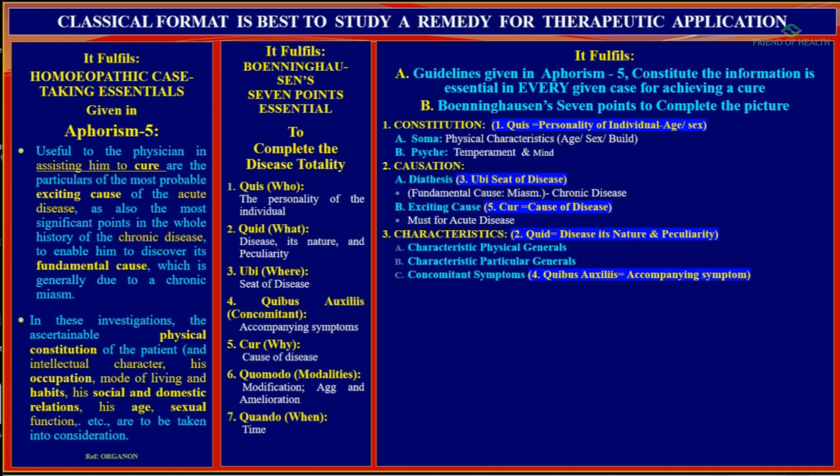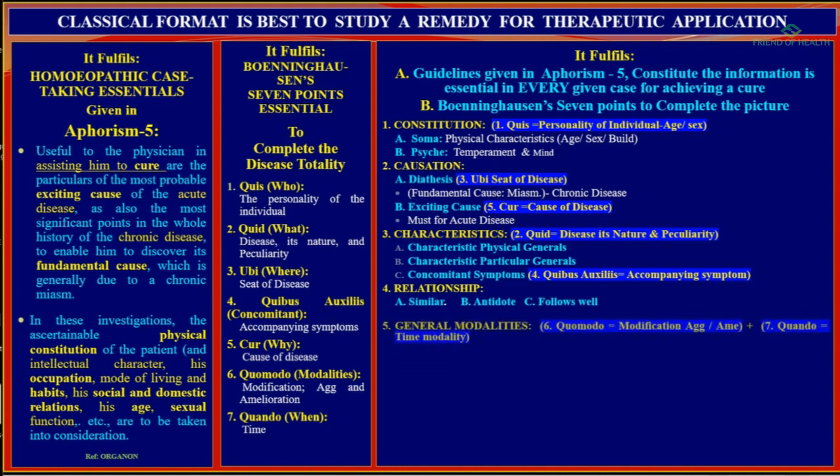Here concomitant symptoms are the fourth, quibus auxiliis, accompanying symptoms of Boenninghausen. Fourth is the relationship. Here we find the remedy relationship, whether we have to give the similar remedy or differentiate from the similar remedy, what are the antidotes to the remedy, and what are the remedies which are going to complete or follow up the main remedy which you are prescribing.